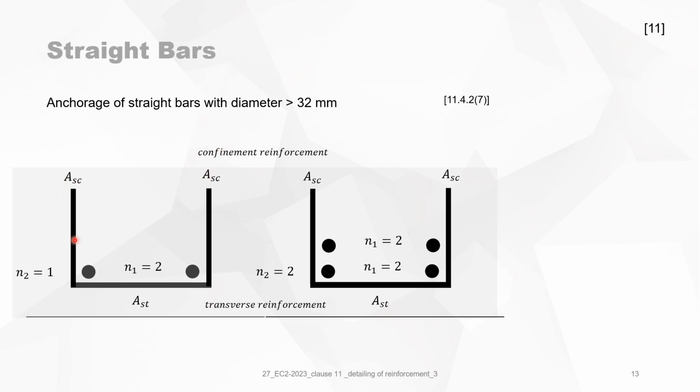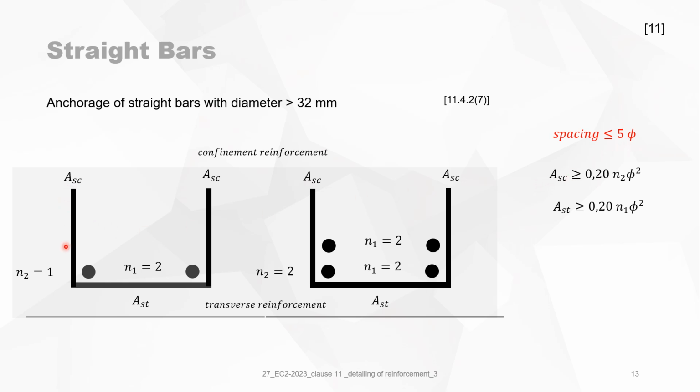So you see here the vertical bar is the confinement reinforcement. The horizontal bar is the transfer reinforcement. And then the amount of reinforcement that you need with a spacing smaller than 5 times the diameter. So this is a very, very small spacing. If you have diameter 10, you only have a spacing of 50 millimeters.